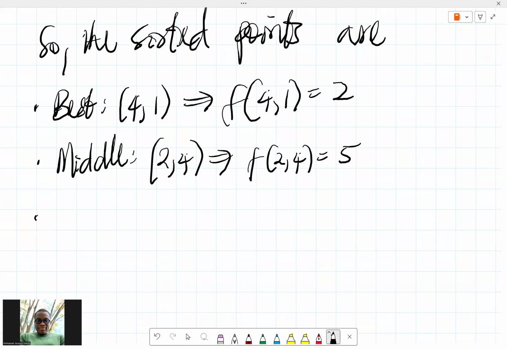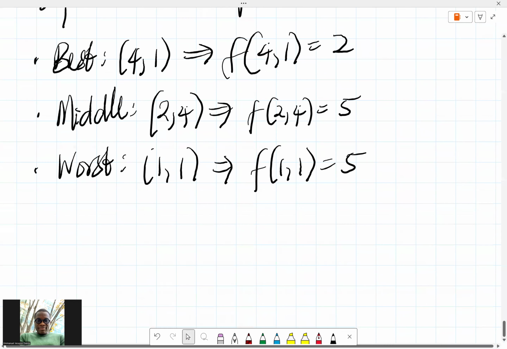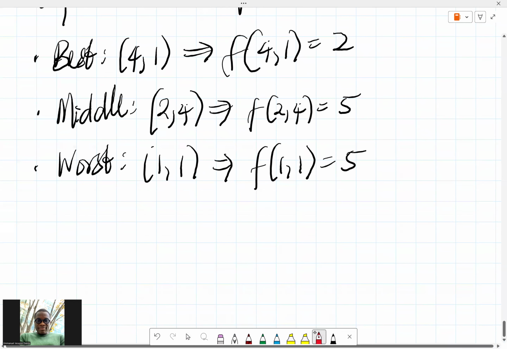Then the worst we have is 1, 1. Though the value looks small, they give us the worst, which is 5. Normally, if the numbers are quite different, then we'll just choose based on the values of the function evaluated at those points. So we have all of that in order.